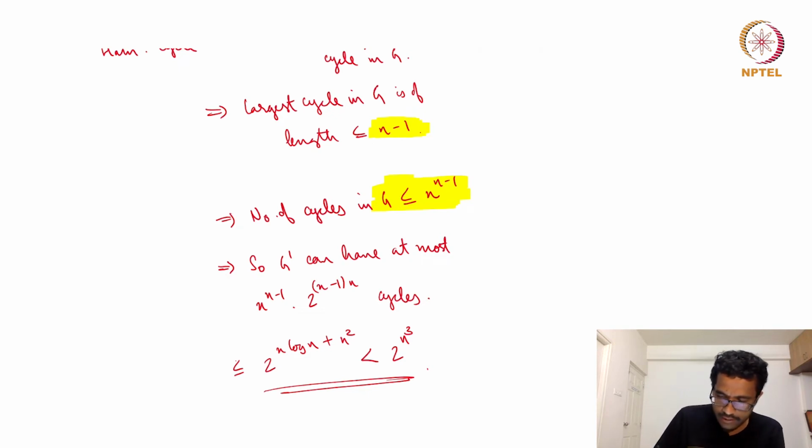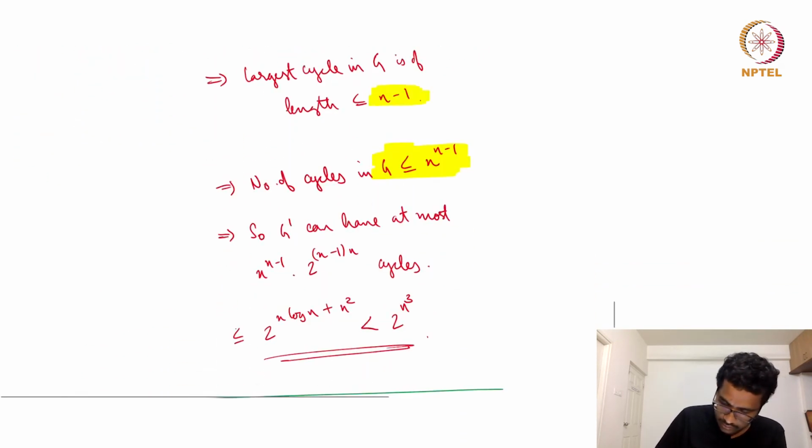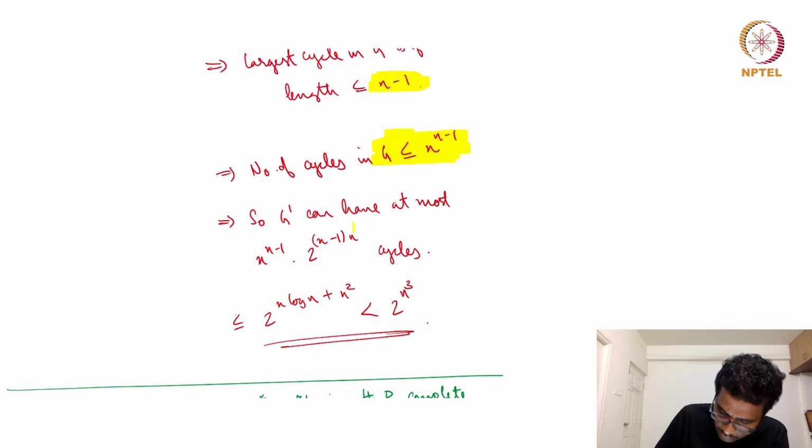So the number of cycles in G prime is the number of cycles in G, which is n power n minus 1, multiplied by the number of cycles that each cycle gives rise to at most, which is 2 power the upper bound on the length of the cycle, multiplied by m. Our choice of m was n squared, right? So I think there is a small typo here, this is 2 power n minus 1 into n squared.